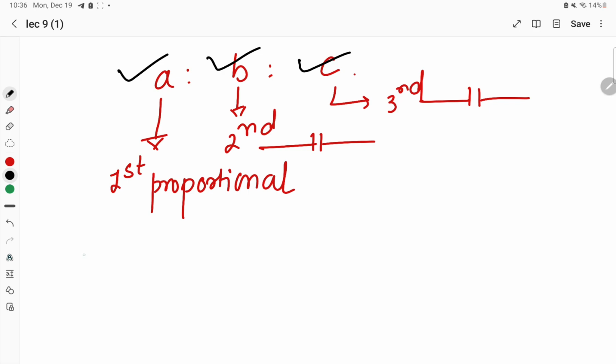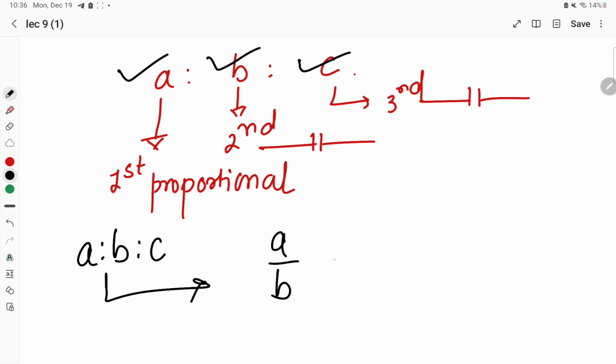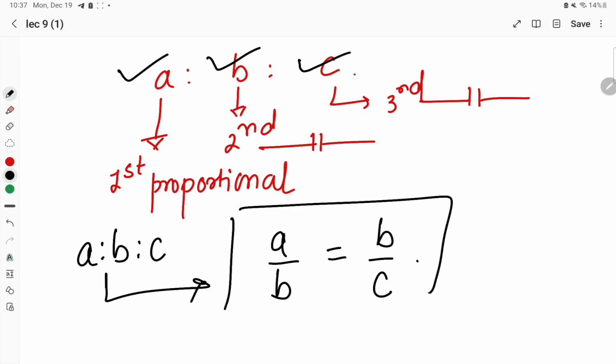In this particular given ratio, A is to B is to C, I can write this as A upon B is equal to B upon C. Okay, these are the two things that you have to keep in mind for the second type of question that I am going to give you. Whenever the ratios are given, the first value is called the first proportional, the second value is called the second proportional, the third value is called the third proportional.